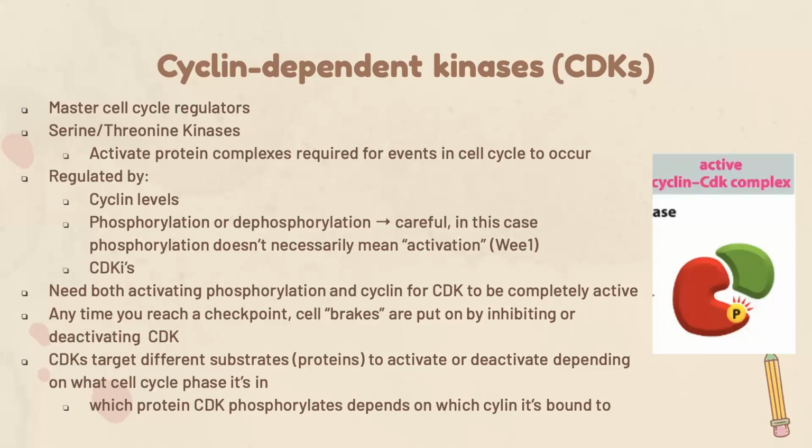And then CDKs are also regulated by CDK inhibitors. They can bind to CDK and inhibit it if there is an issue during the cell cycle. So the CDK needs both an activating phosphate and cyclin to be active.